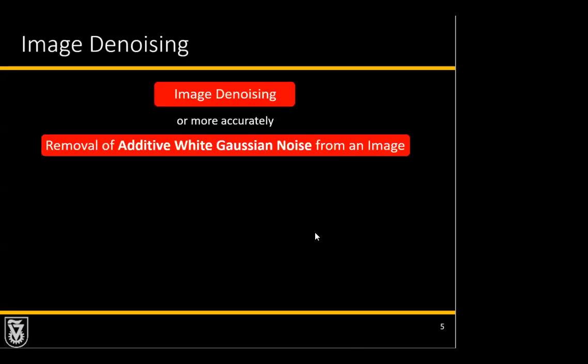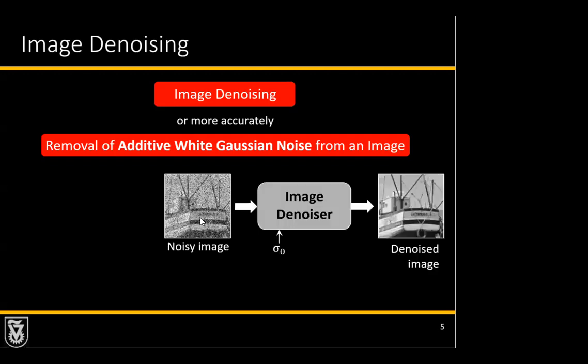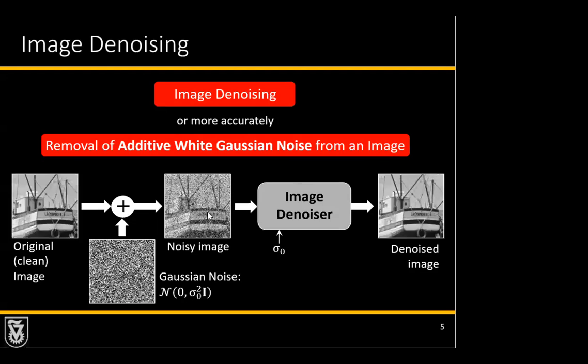Okay, so when I say image denoising, I'm actually more focusing on the removal of additive white Gaussian noise from the image, which basically means that when I take the noisy image and I want to build a denoiser, I assume that the noisy image was built from an original clean image, a good image, that has been added to a Gaussian noise, a noise image that follows the distribution of the Gaussian, the normal distribution, with a standard deviation sigma 0.